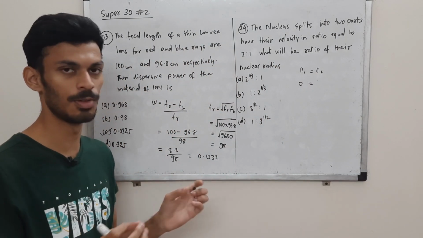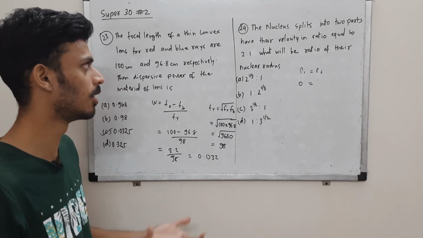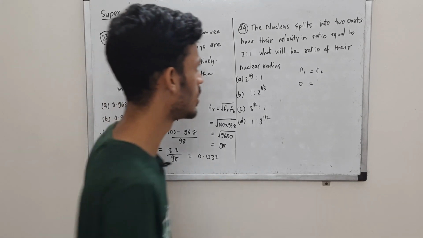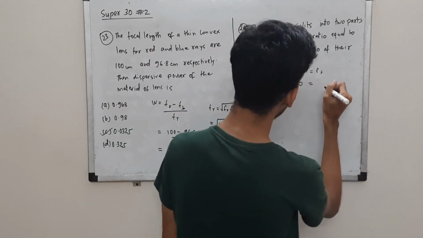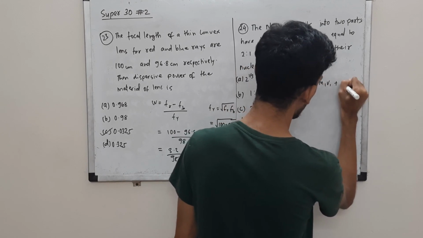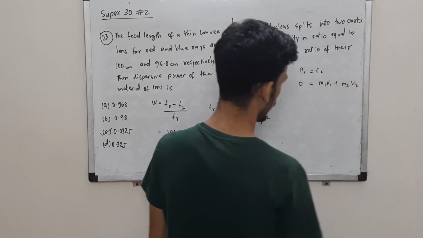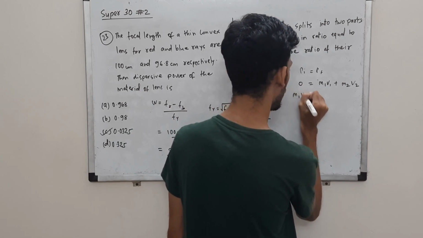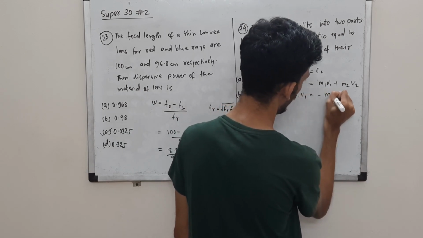The nucleus breaks into its constituents, the daughter nuclei, because of some internal process. It's not in motion initially. So the final momentum will be m1 v1 for the first daughter nucleus plus m2 v2 for the second, so m1 v1 is minus m2 v2.